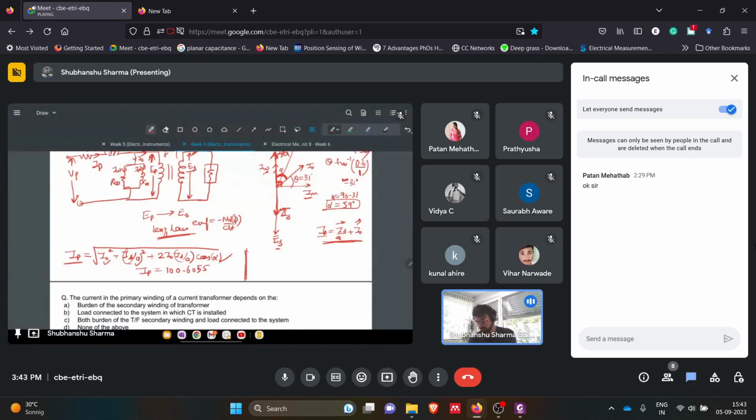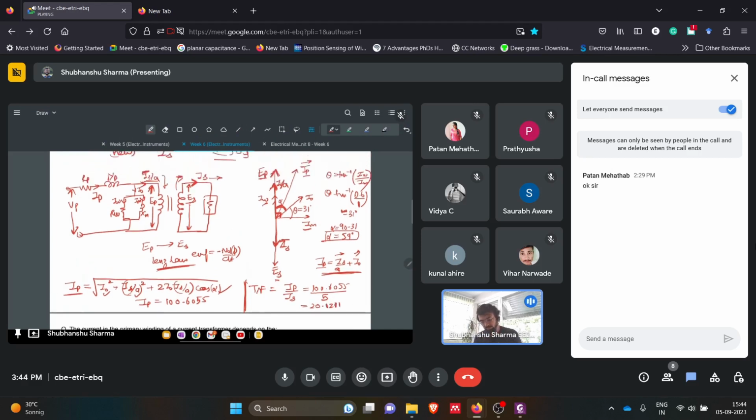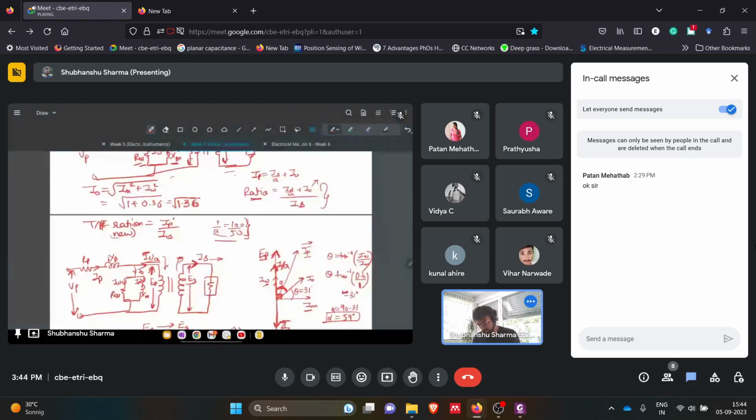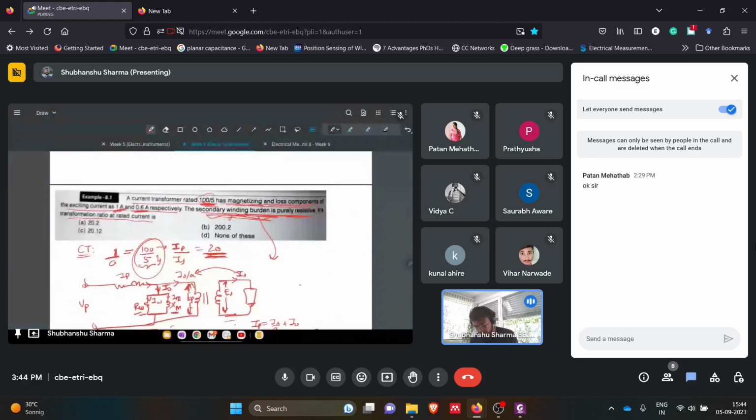Now if we calculate the transformation ratio, it will be IP by IS, that will be 100.6055 divided by 5 amperes, the output secondary current, so this will be 20.1211. Now observe this. Initially they told us 100 by 5.